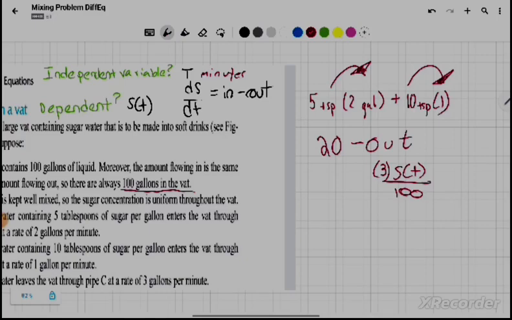All right, so now we have our dS/dt set up. That's equal to 20 minus 3 S of t over 100. Let's simplify this a bit more.